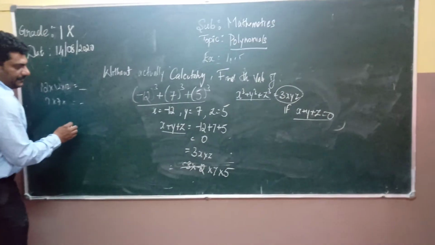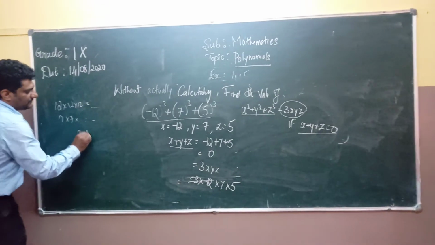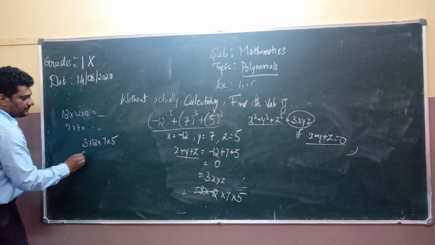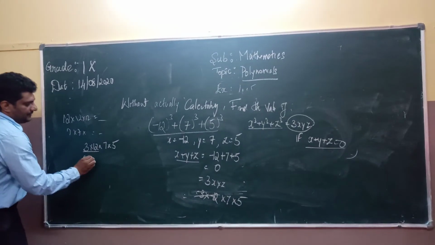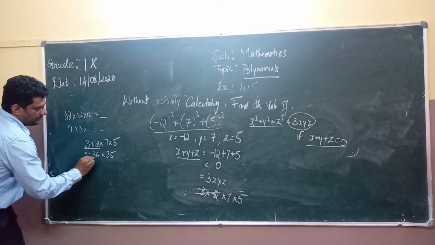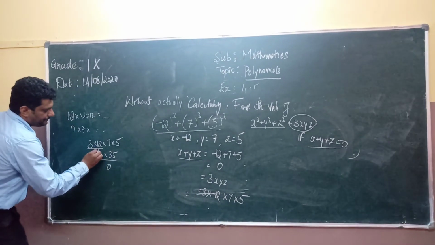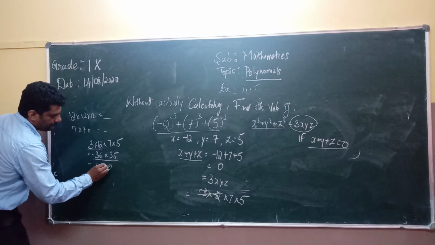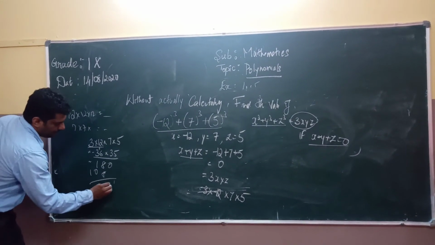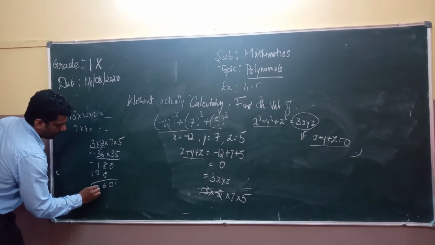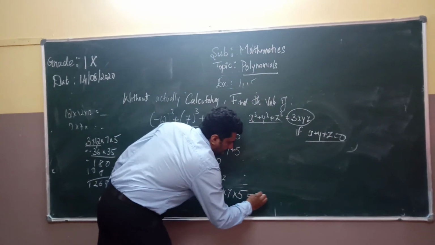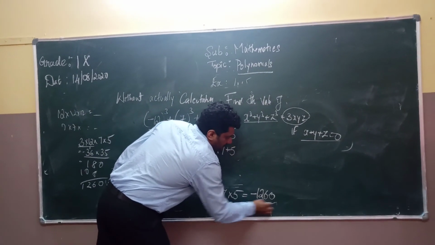So if you multiply 3 into 12 into 7 into 5, what is the answer you get? 36 into 35, which comes up to 1260.